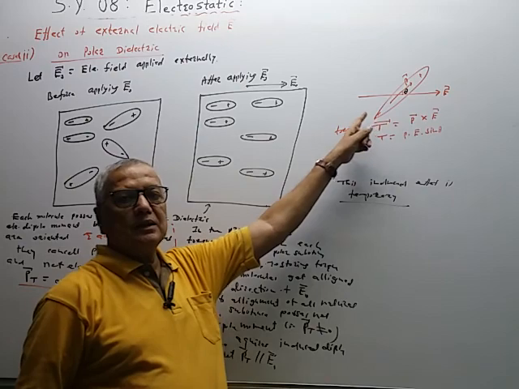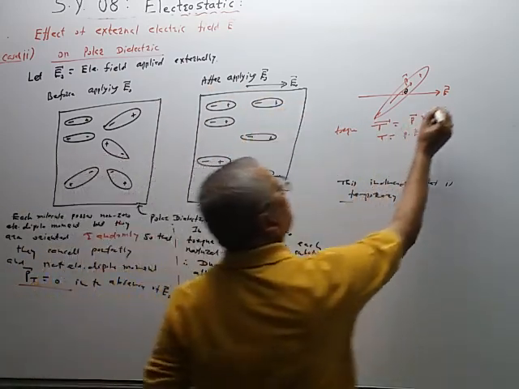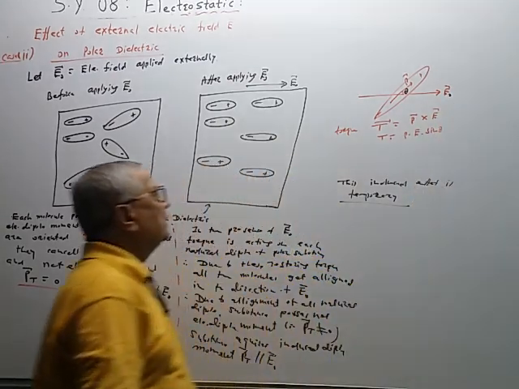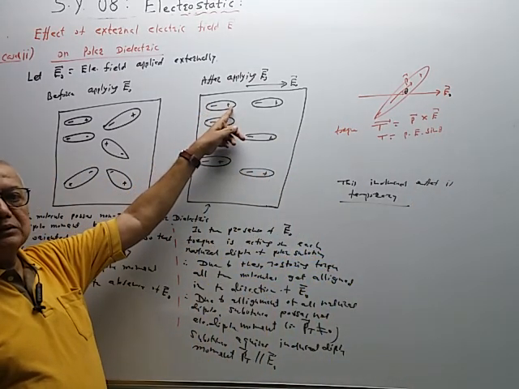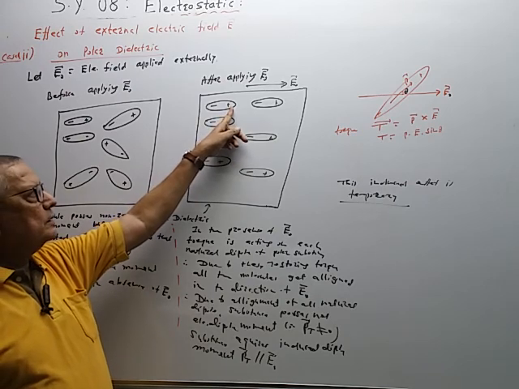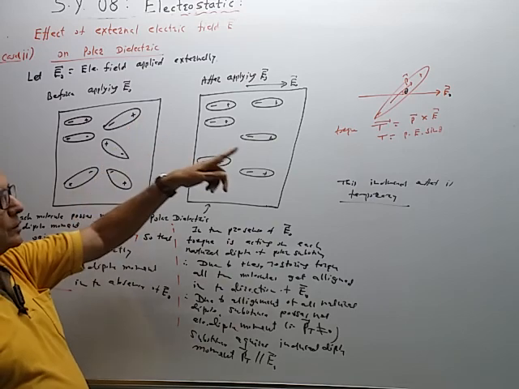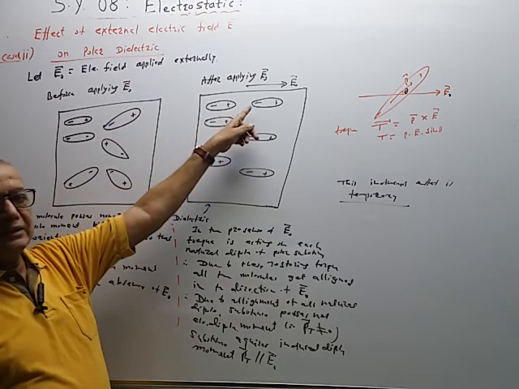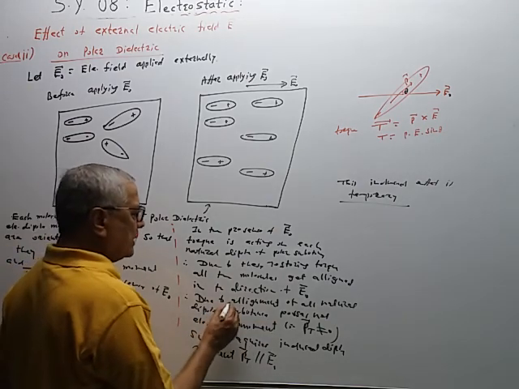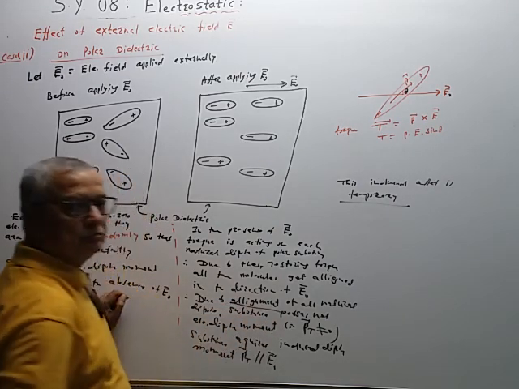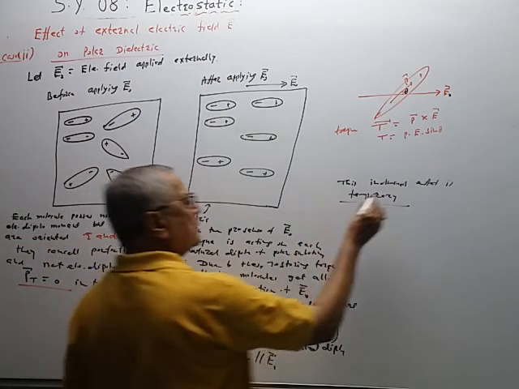Electric field is in this direction E_0, and each natural dipole has a dipole moment. This one is already in the direction of the applied electric field. This one is not in the direction of the applied field. It will turn due to the restoring torque, and it will get aligned like this. So all the natural dipoles get aligned. So this alignment takes place here. So this is a random orientation. This induced effect is temporary.